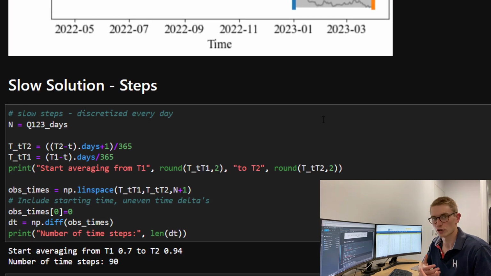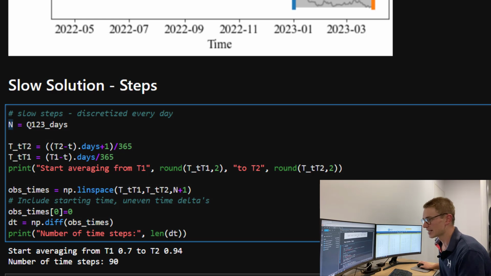So here's our slow step. We're actually going to step through things day by day. So now our N is not 25,920. Here it's just discretized every day. So we've got 90 days. So here we've got the time from now till time 2, which we're going to call time T to T2. And from time T to T1 is the time before we actually start averaging.